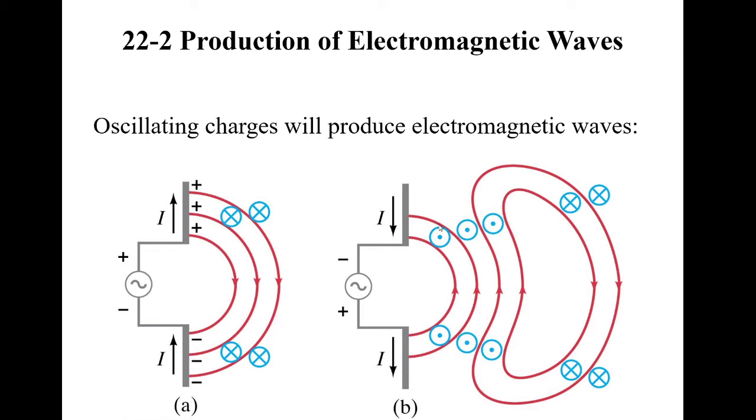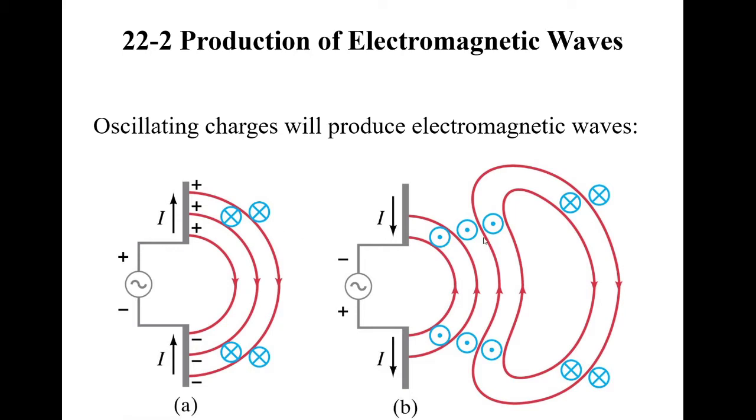Now, remember, as we move farther out from the wire, both the magnetic field and the electric field get weaker, okay?